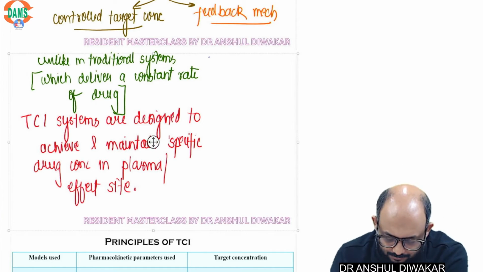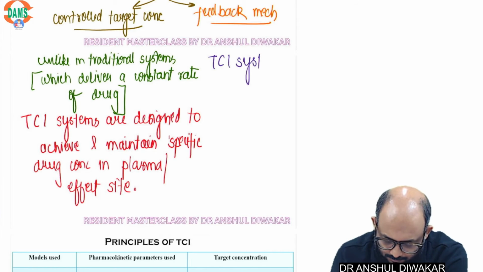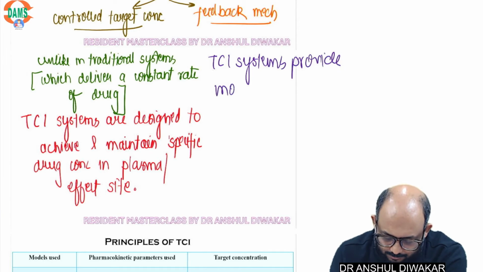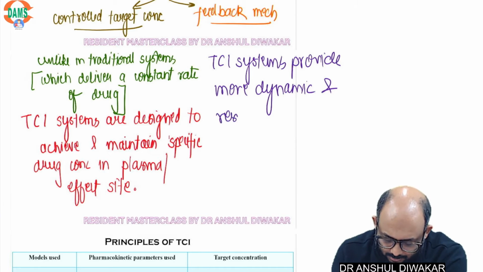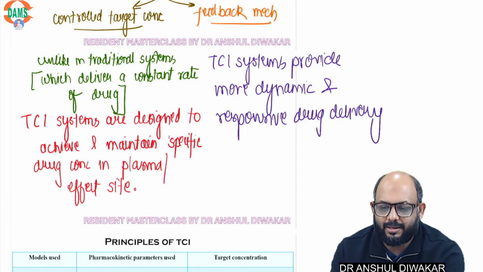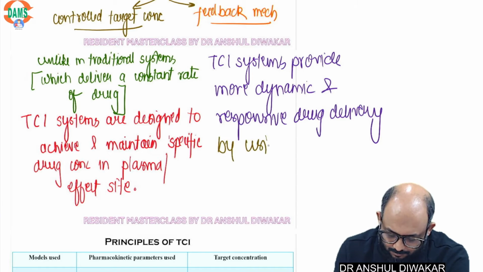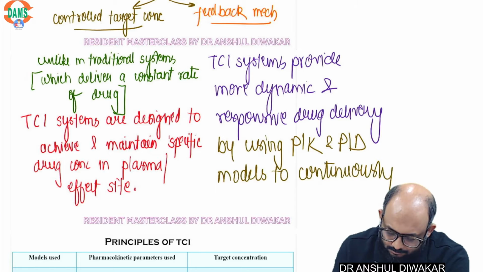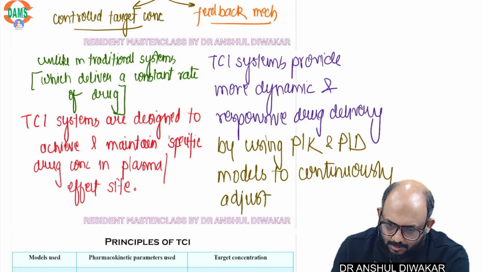So TCI systems provide more dynamic and responsive drug delivery by using pharmacokinetic and pharmacodynamic models to continuously adjust infusion rates.